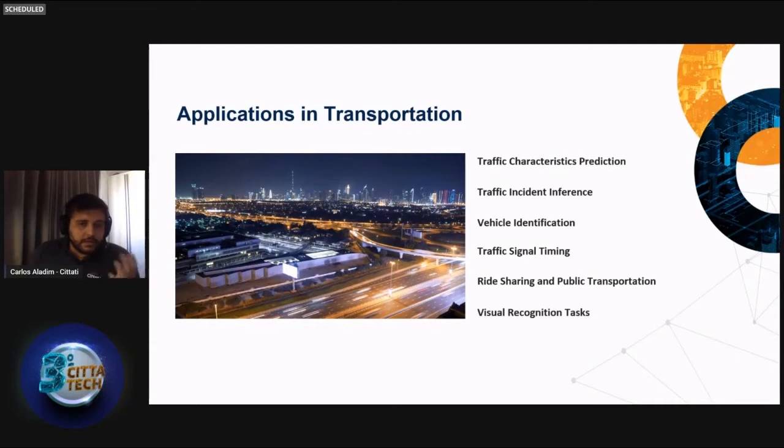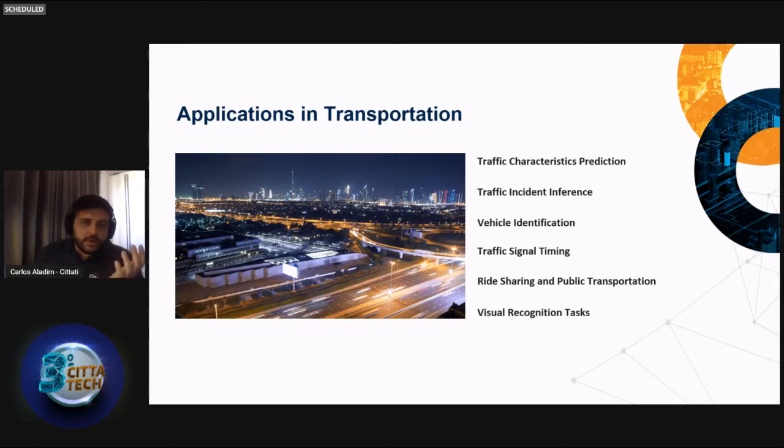We also have traffic incident inference, the goal of which is to map the risk for a given location, given the traffic features and the time that the analysis is happening. So although there are parameters such as drivers' behavior that are not very predictable, there are several key features that can help predict traffic incidents.